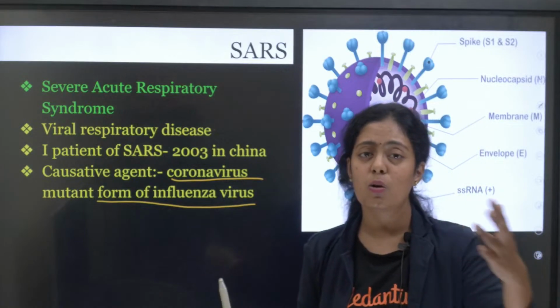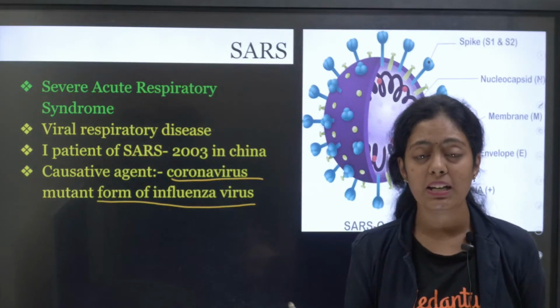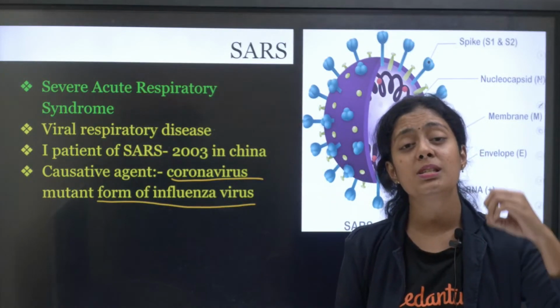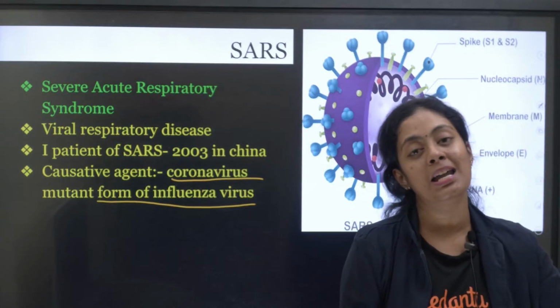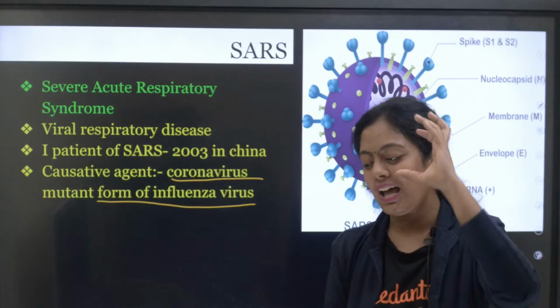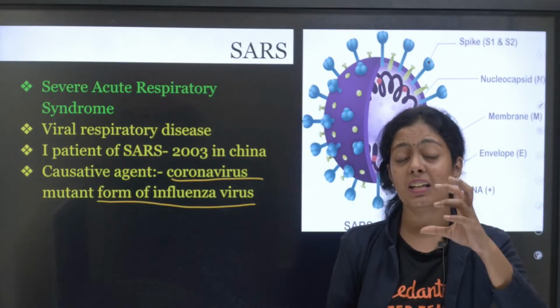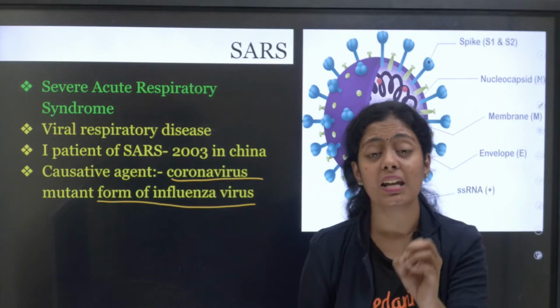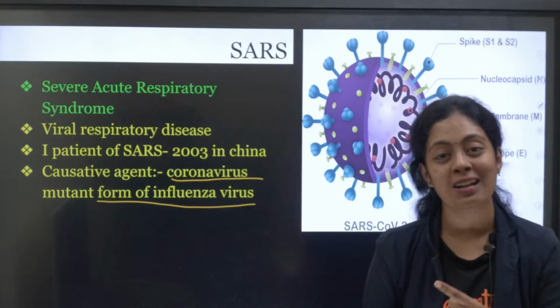Ma'am, what are you saying? Coronavirus came only in 2020, right? No students, it was a very old virus. Since this virus had RNA as its genetic material, it got mutated.